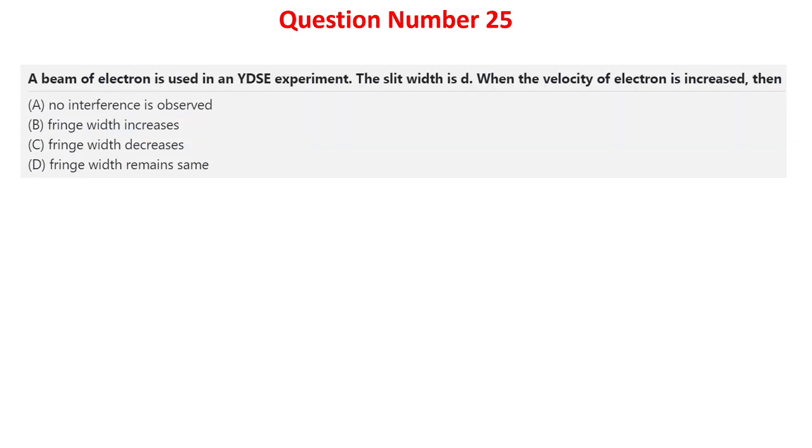Okay, last question. A beam of electrons is used in Young's double slit experiment. That is, wave nature of electrons is used to carry out Young's double slit experiment. Slit width is d, and you know fringe width from YDSE was lambda capital D by small d.